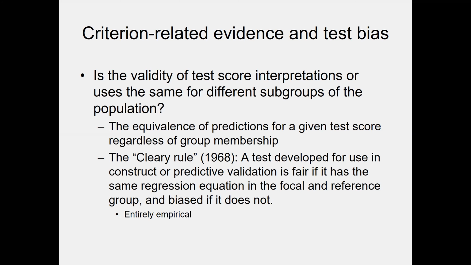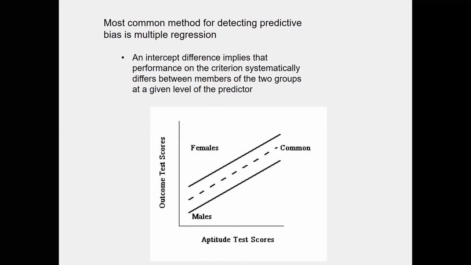But we're going to just look at some of the statistical relationships that indicate that bias may be an issue. So if we do a regression of outcome tests, so we have, say, a criterion on aptitude test scores, then we may see a pattern like this when we disaggregate the data by sex. So we have the aptitude test scores on our x-axis and the outcome test scores on our y-axis.